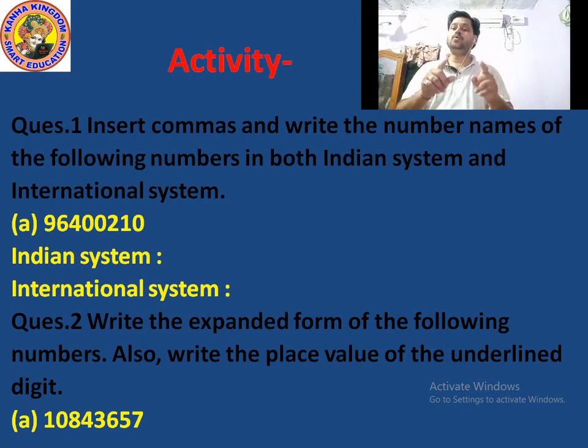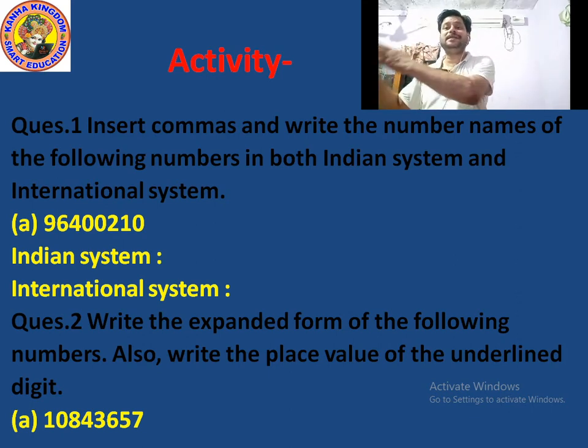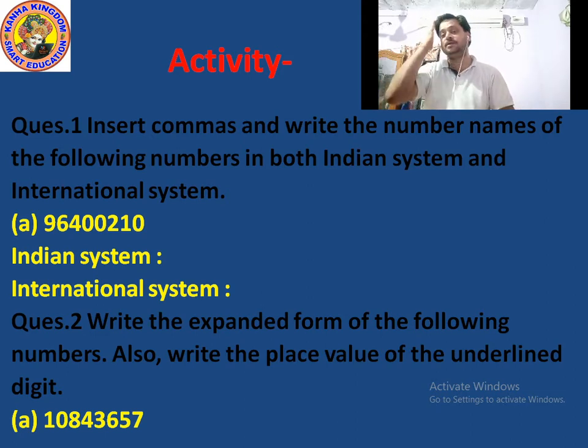Okay, so which digit is in the ones place? On the right hand side, 7. After 7, which digit is in the tens place? 5. Which digit in the 100 place? 6. Now comma. Okay, now which digit in the 1000 place? 3. Which digit in the 10,000 place? 4.